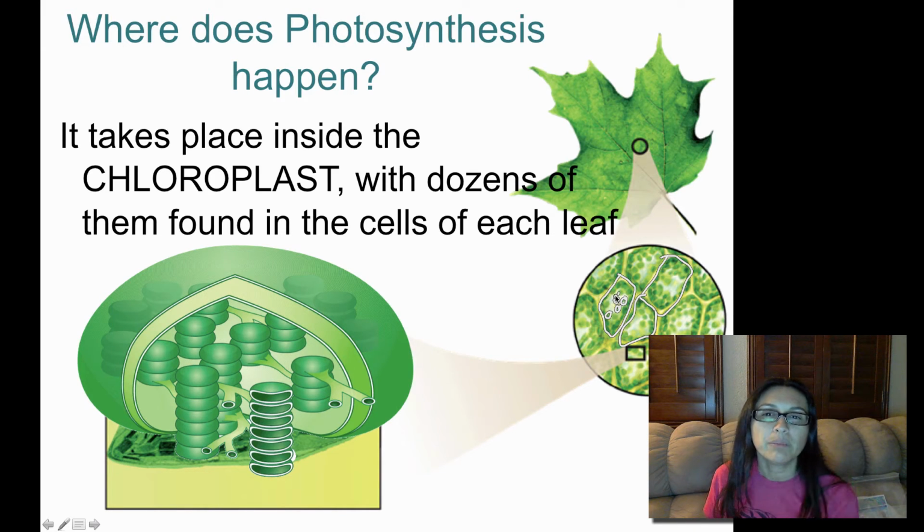So all the green parts of a plant, wherever you see green, that's where you're finding your chloroplasts. And chloroplast is the main site where photosynthesis is going to happen. It's an organelle within the cell that is specifically organized to have everything together that is necessary for photosynthesis.